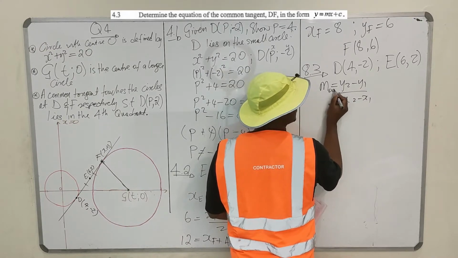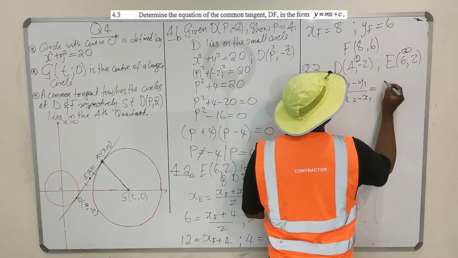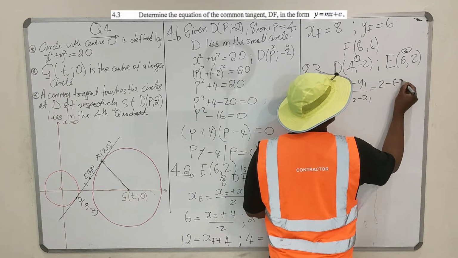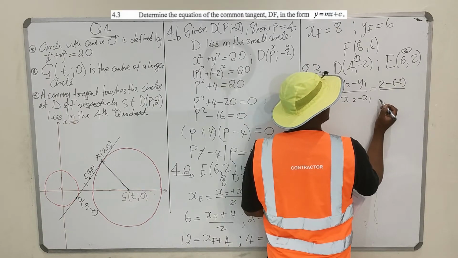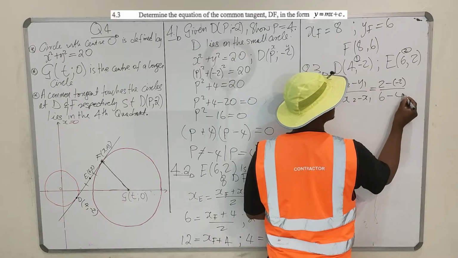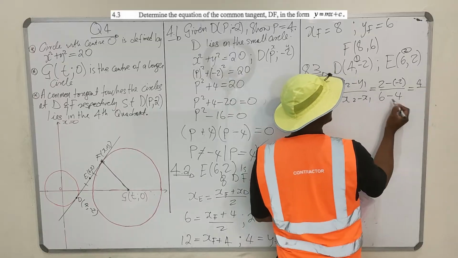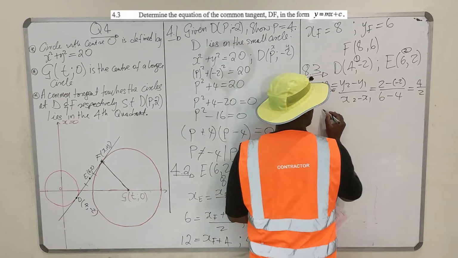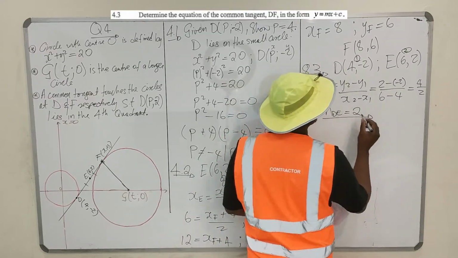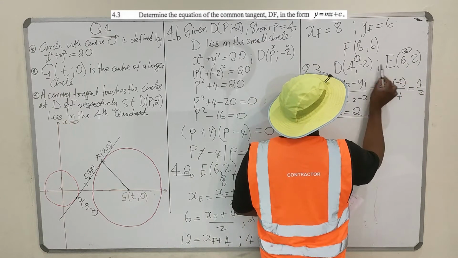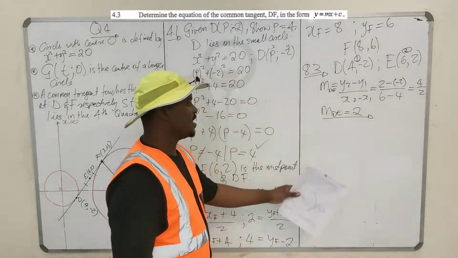So the gradient of DE is equal to, this is coordinate 1, coordinate 2, y2 is 2 minus minus 2, over x2, which is 6, minus 4. So this is 4 over 2. So you get that your gradient for DE is equal to 2, because 2 plus 2 is 4, and 6 minus 4 is 2. So this is your gradient for DE.